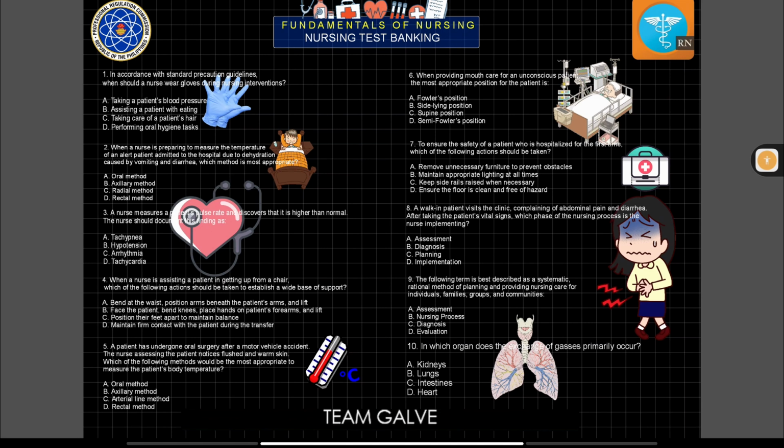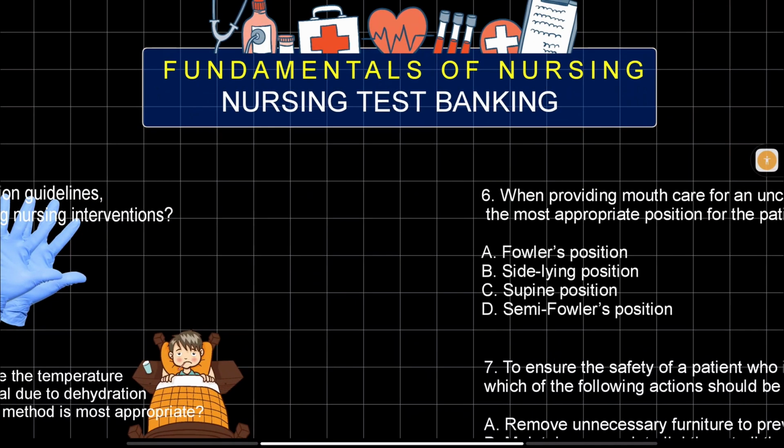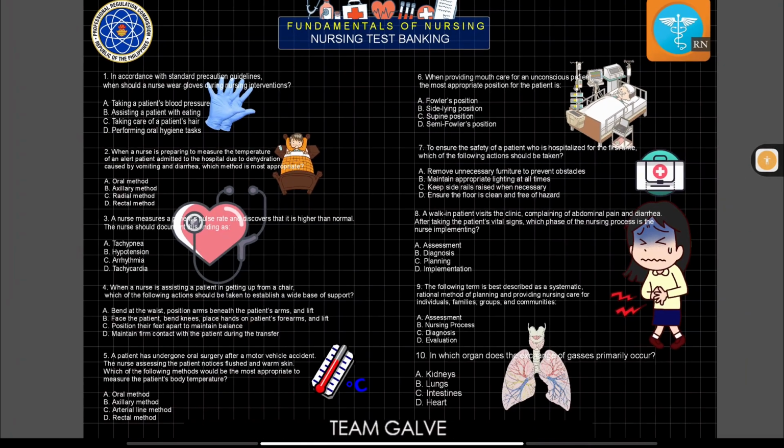Now, this is all about your fundamentals of nursing like you see on your screens. And I have the normal test banking that we have, the same way it goes. I just changed the format a bit to make our lives easier. So as you can see, we have here 10 sets of questions that came out from the most recent up until the last board exam that we have.